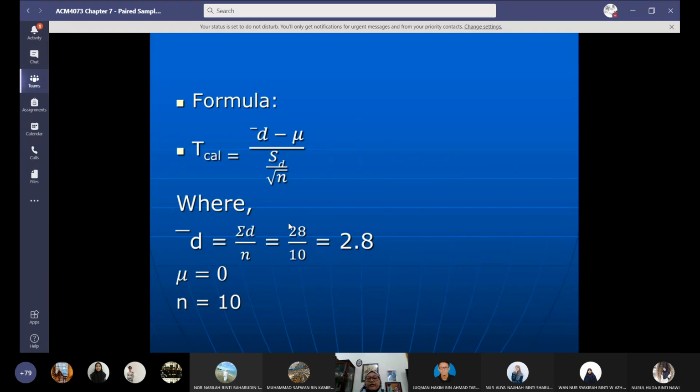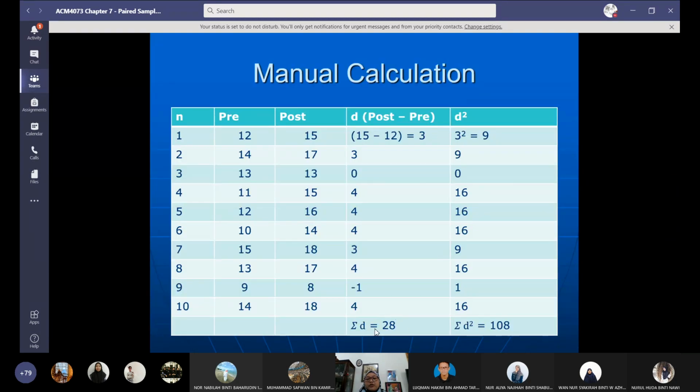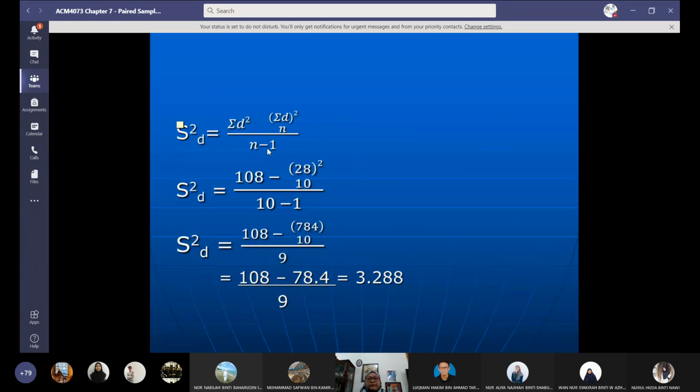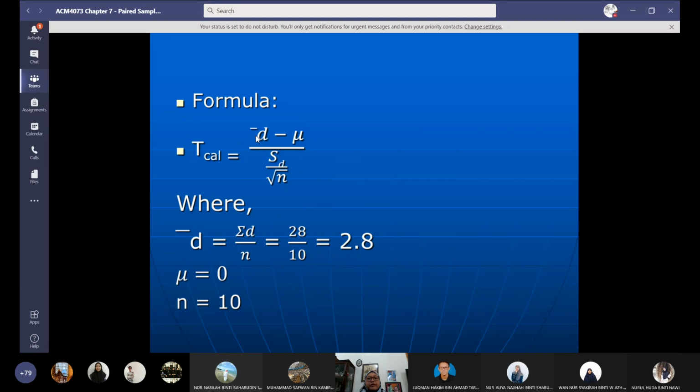The sum of D is 28. 28 divided by 10 is 2.8. So the D bar should be replaced with 2.8.